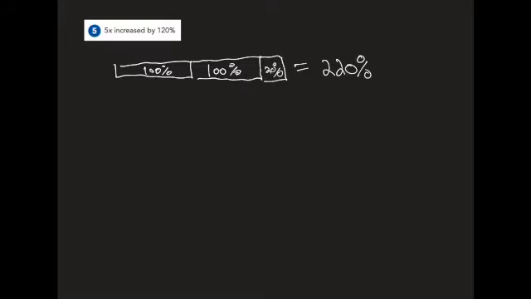And to find out what that total value is going to be, you're going to take 220% of that product they give you, so 5x. And then 220%, remember, that's a description, it's not a number.